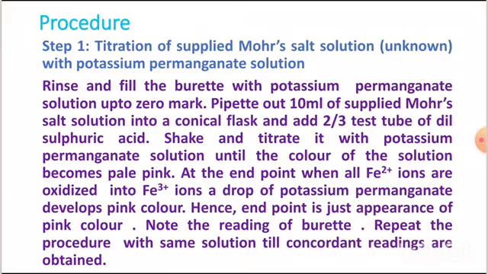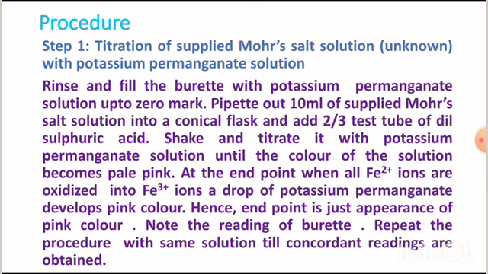Procedure. Step 1: titration of the supplied Mohr salt solution, that is the unknown solution, with potassium permanganate solution. Rinse and fill the burette with potassium permanganate solution up to the 0 mark. Pipette out 10 ml of the supplied Mohr salt solution into a conical flask and add 2/3 test tube of dilute sulfuric acid.